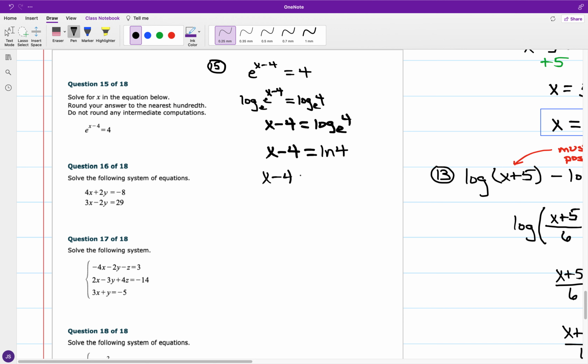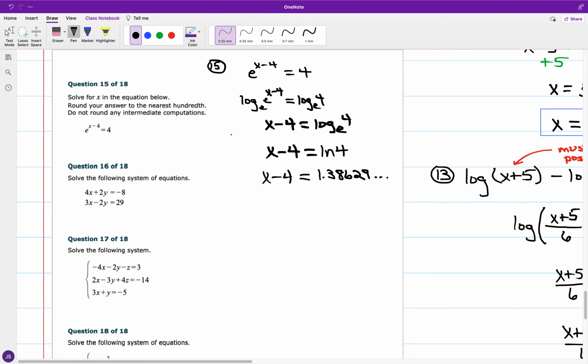For the natural logarithm of 4, among the first digits, you have right at 1.38629.